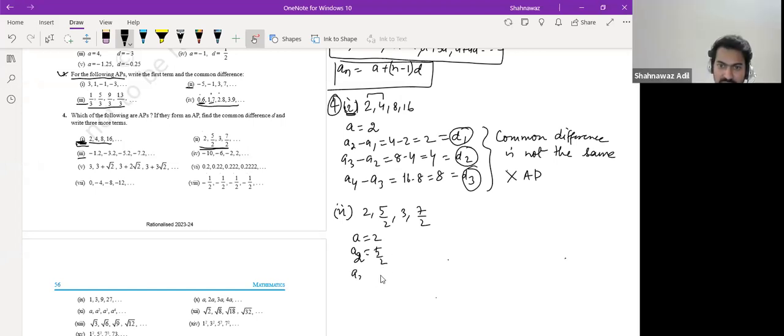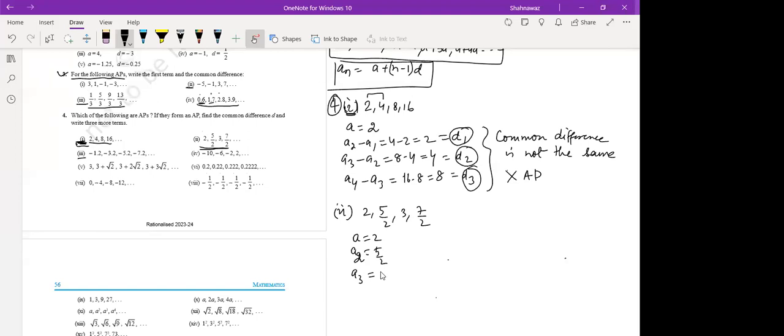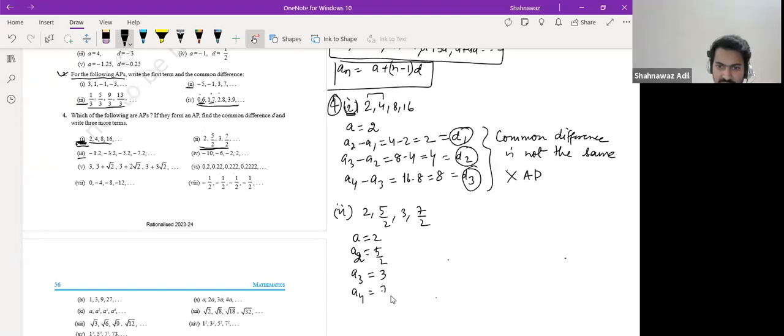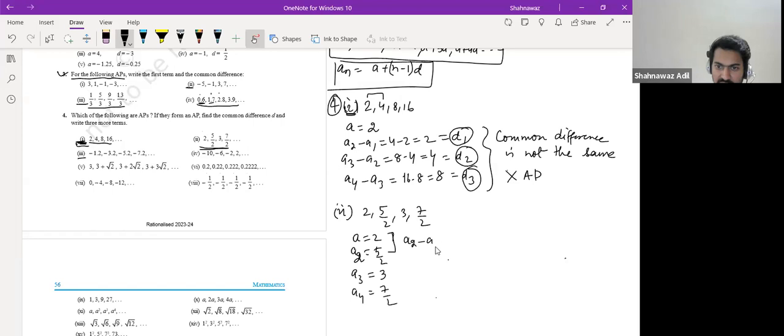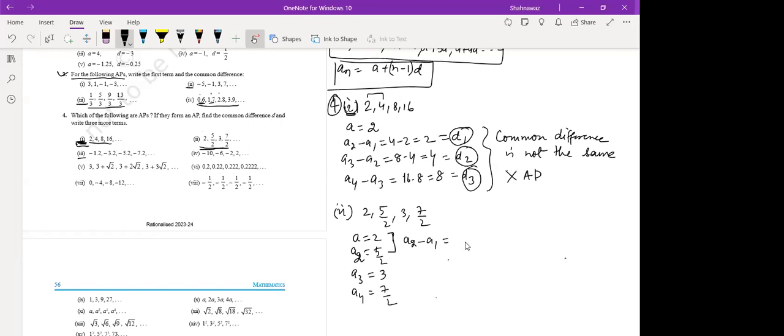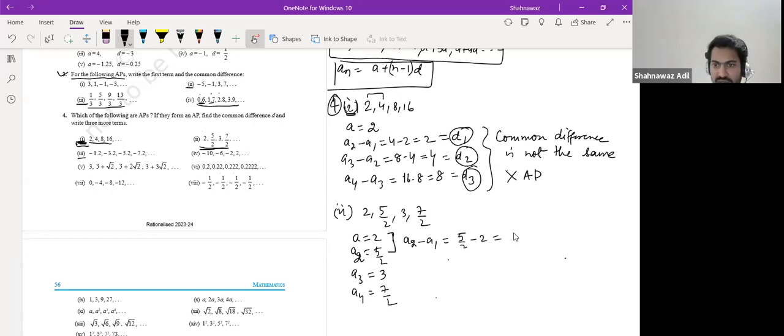What is the third term? Third one is 3, and fourth one is 7 by 2. What is A2 minus A1? 5 by 2 minus 2. So this would be 5 minus 4 by 2. So this is half.